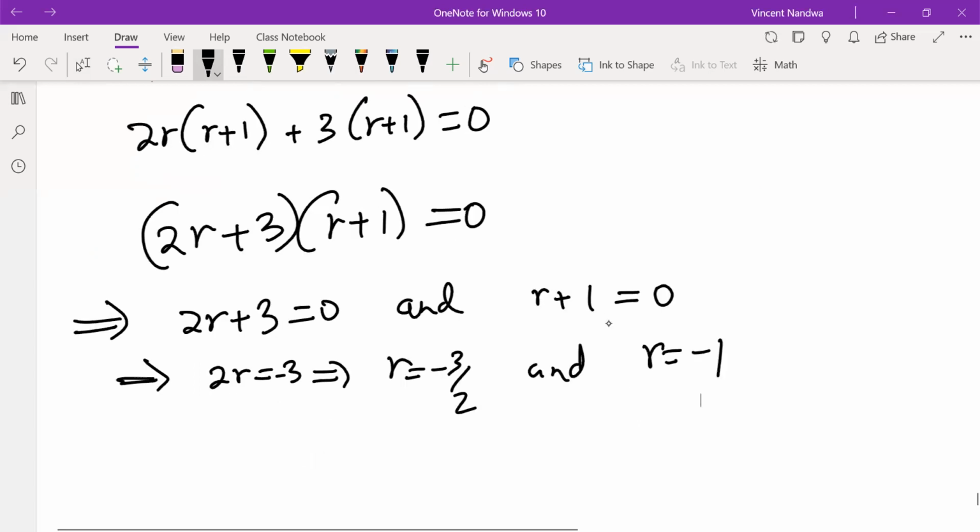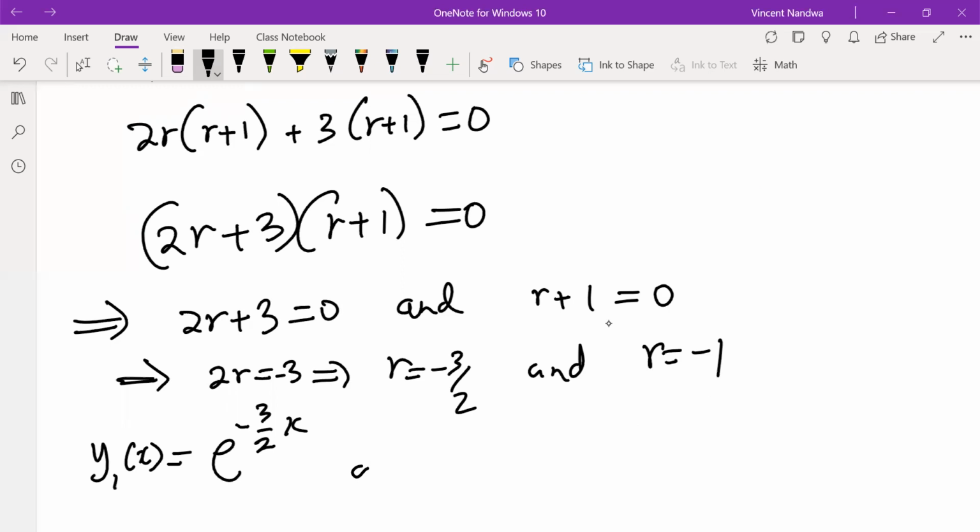So y1 will be e raised power negative 3 over 2 x and y2 is e raised power negative x.